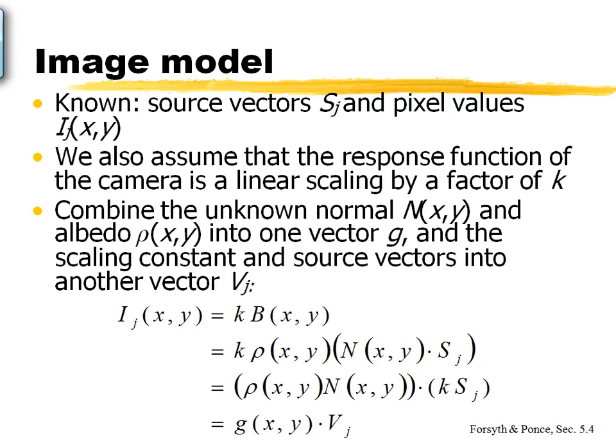And then, of course, this is rho times n, so I'm grouping the things that are independent of the number of images I have, and the things that are dependent on the individual image value. And then, so this becomes one vector and this becomes another vector. Okay?